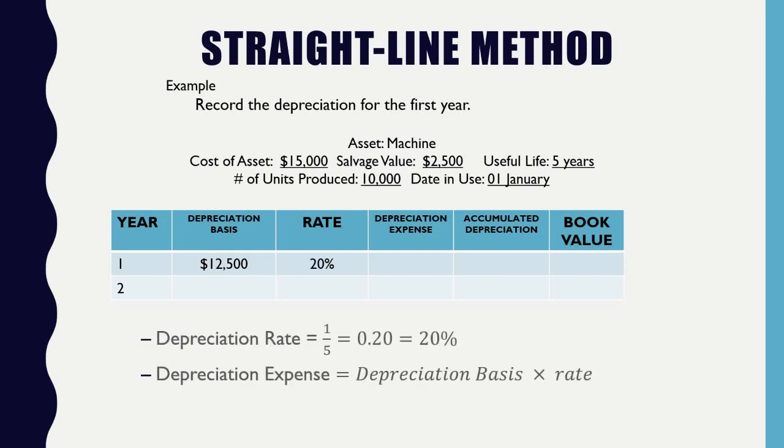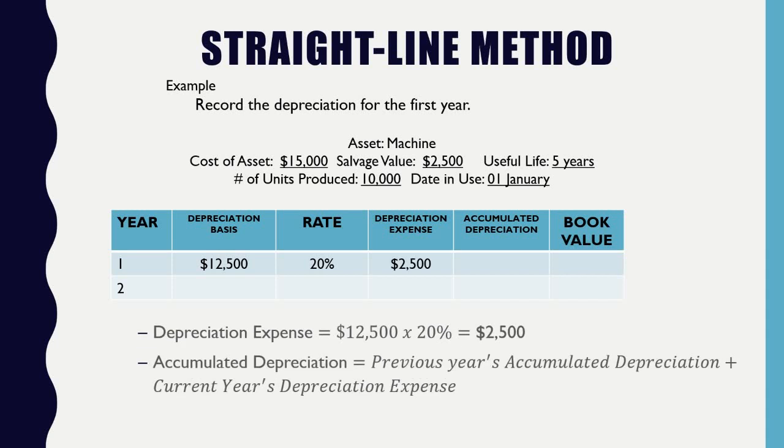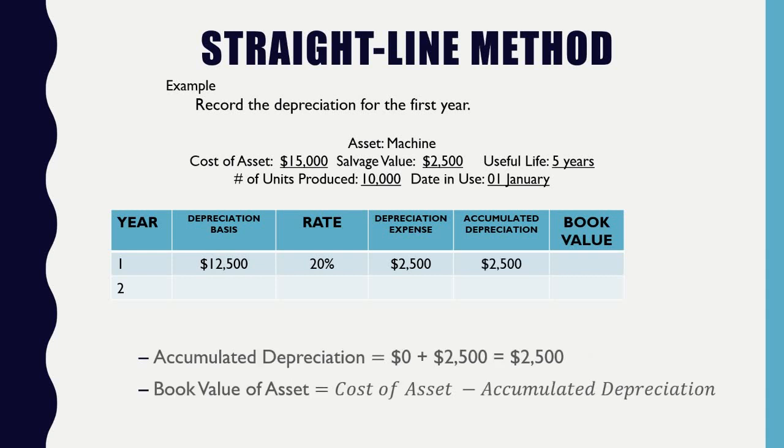And then lastly, I keep saying lastly. Next is our depreciation expense. What is our depreciation expense for the very first year? 12,500 times 20%. Good. And we should get 2,500. Good. So our accumulated depreciation is going to be the same as before, right?